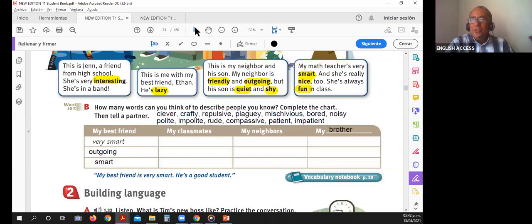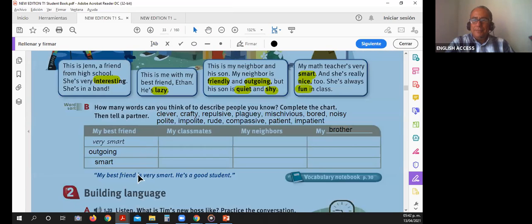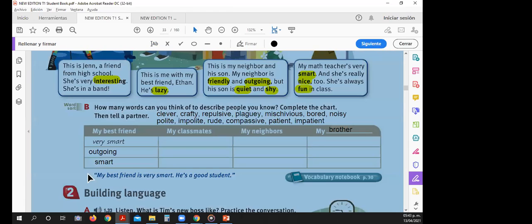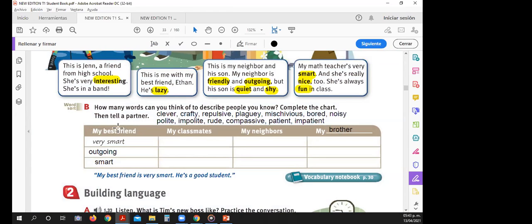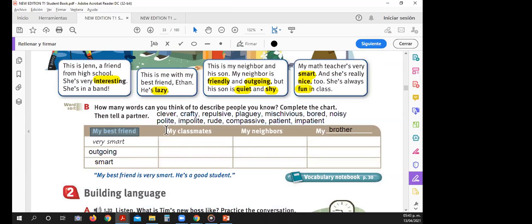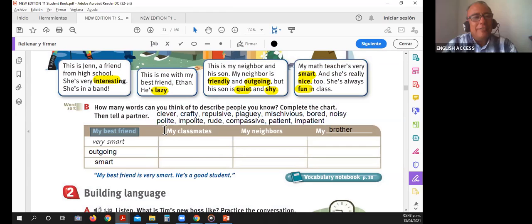But how can you describe your friend using these adjectives and using the sentence right here? My friend is, or my friends are. My friend is outgoing. Very good, and interesting.